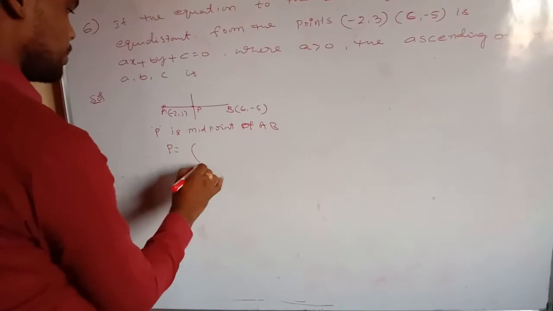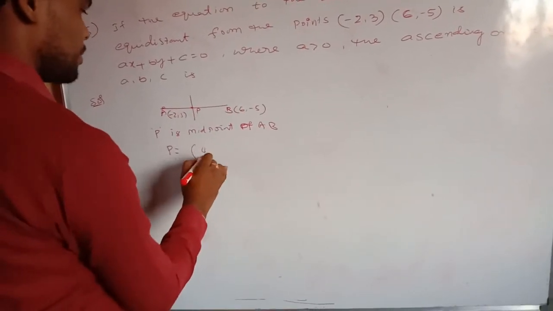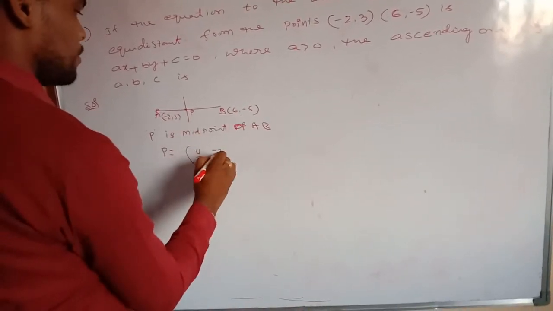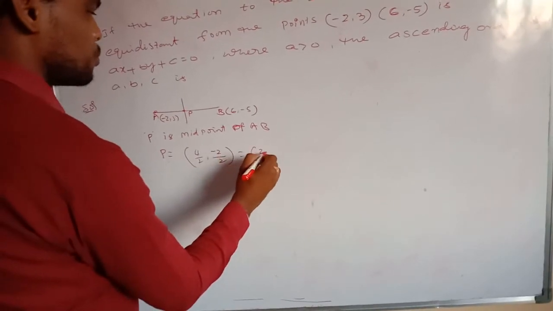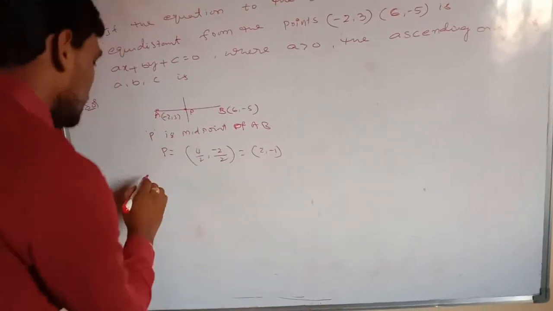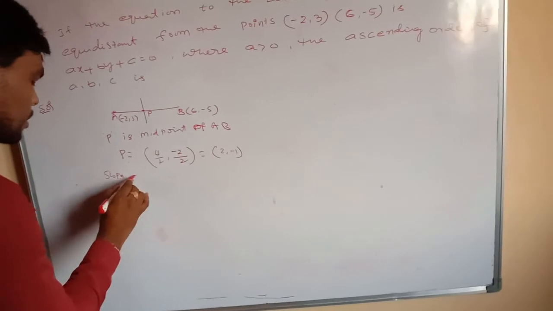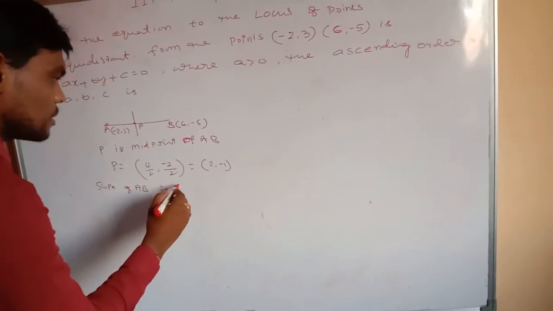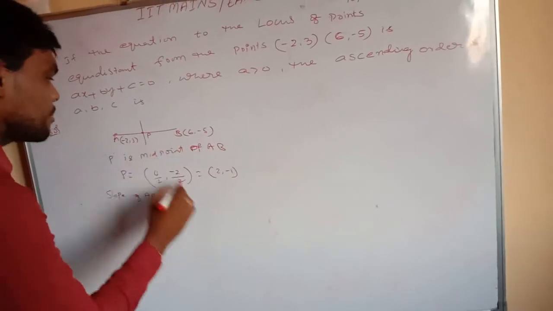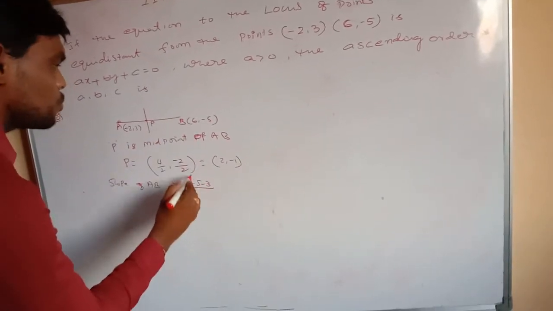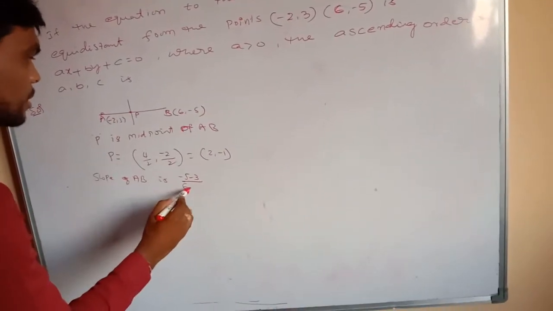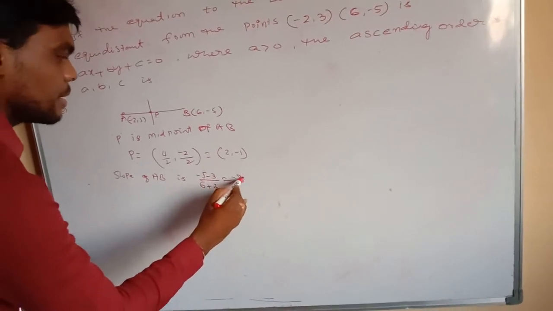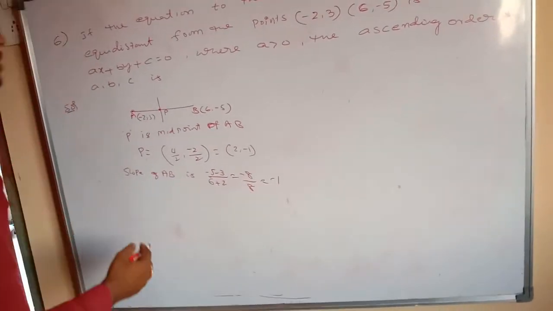P is equal to ((x1 plus x2) by 2, (y1 plus y2) by 2). This is (2, -1). Now the slope of AB is (y2 minus y1) by (x2 minus x1). This is minus 1.